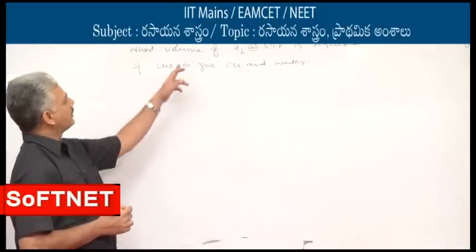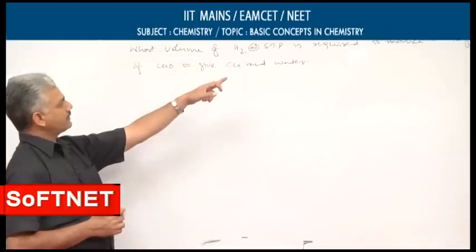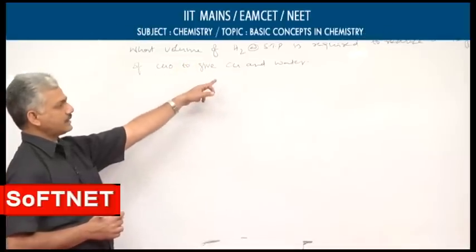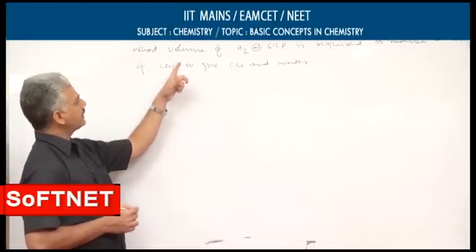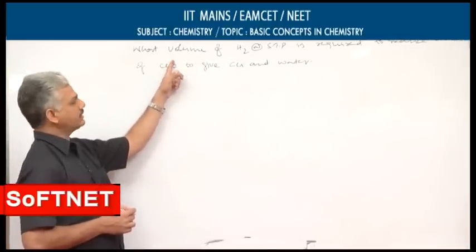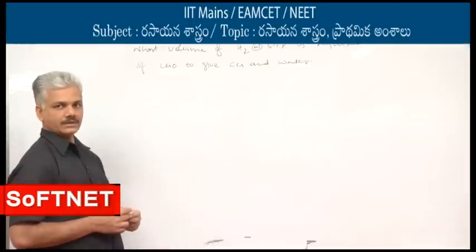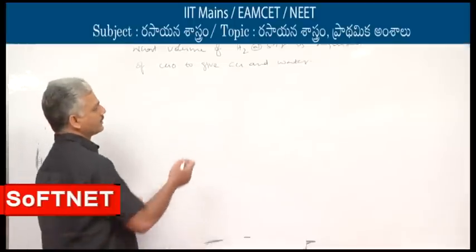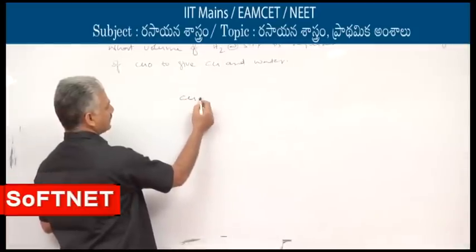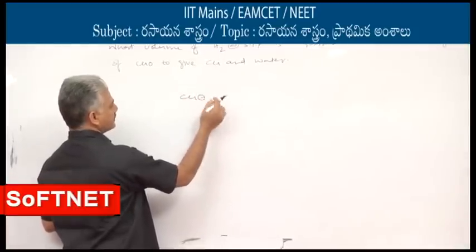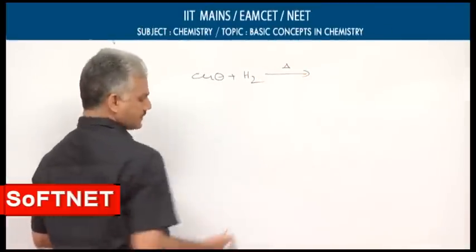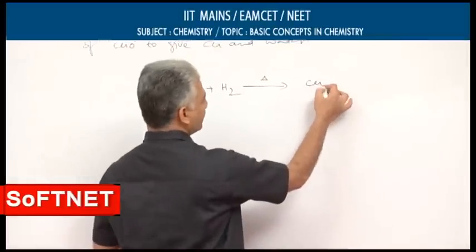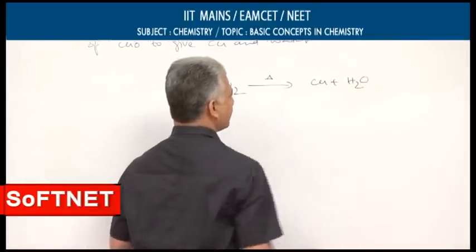Here, hydrogen is required to reduce a given weight of copper oxide to give copper and water, which means copper oxide and hydrogen will be the reactants, and copper and water will be the products. So, the equation you can write like this: copper oxide, CuO, is heated with hydrogen gas and will be converted into copper and water.